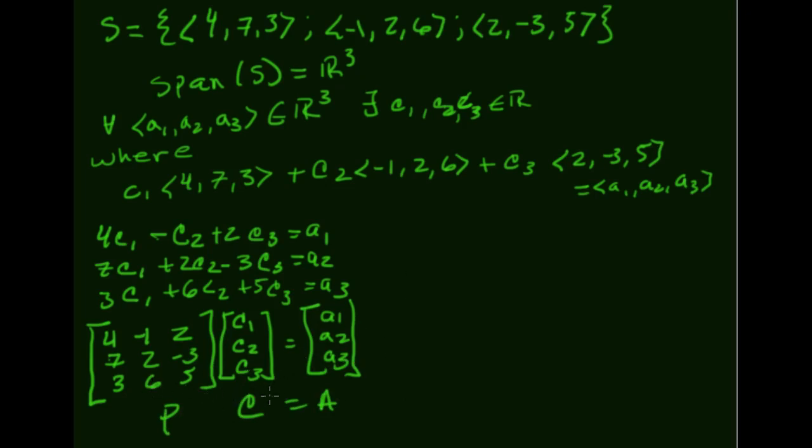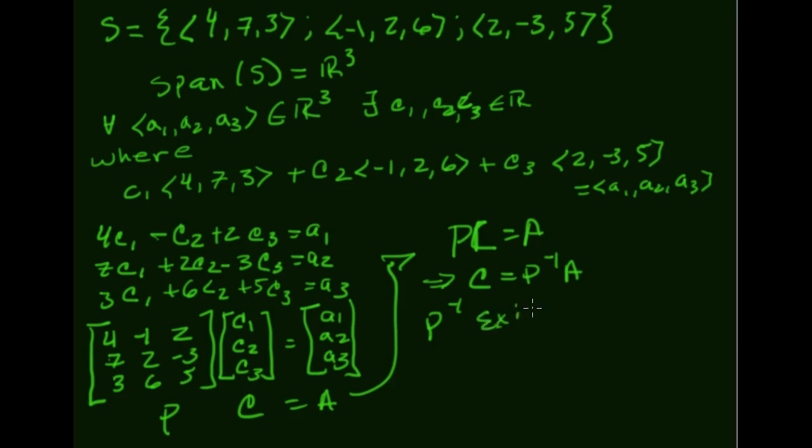So if there's a solution to this system, then I have PC is equal to A, which should imply that C is equal to P inverse A. I just took the inverse of P on both sides. If there's a solution, P inverse has to exist.